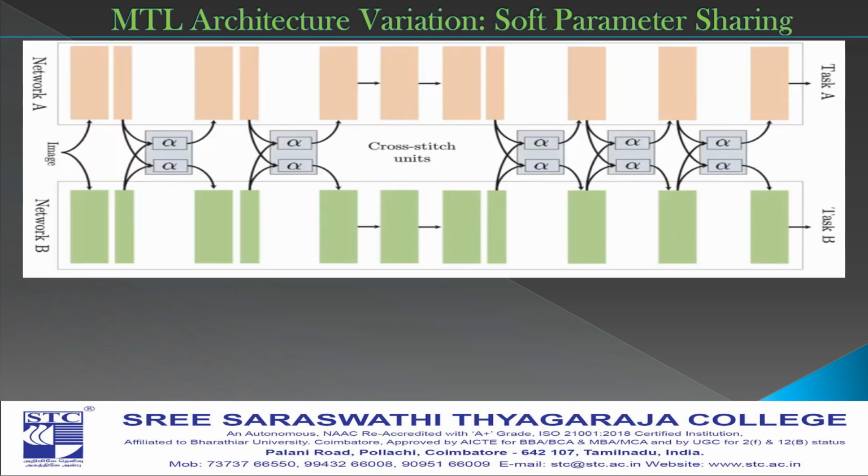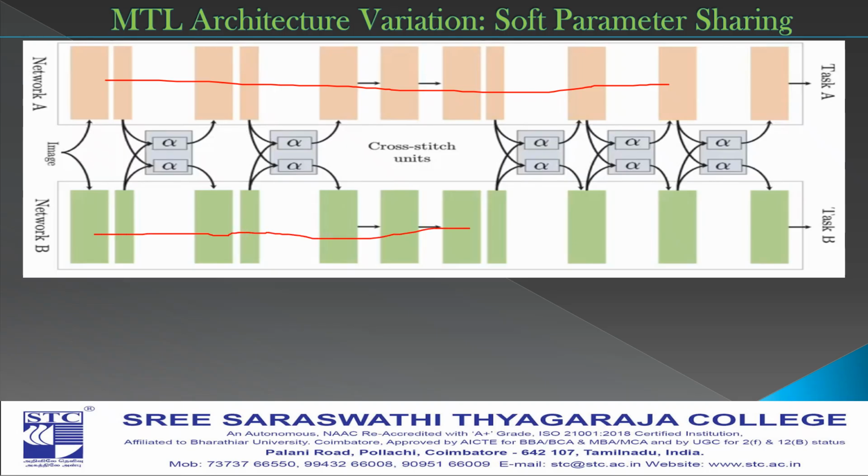As you can see here, I will mark it here quickly, just bear with me. So this is one network, the whole thing is one network, and this is the second network.